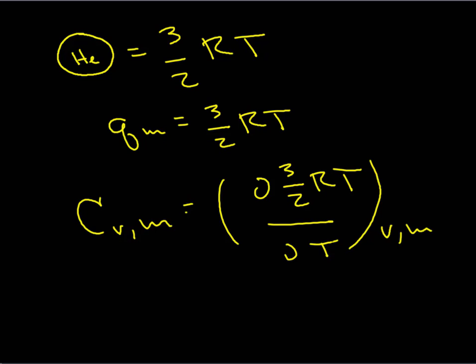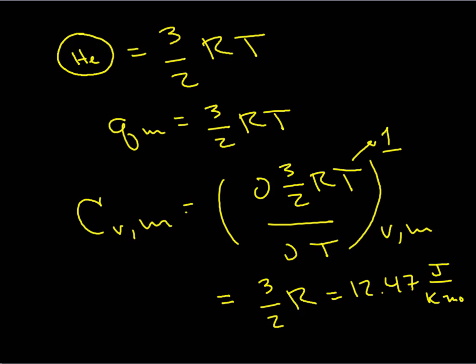And you'll notice if we took the first derivative with respect to T, that T would go to 1, and our heat capacity would simplify to 3/2 R, which is equivalent to 12.47 joules per Kelvin mole for an ideal gas. And in this case, this is a monatomic gas.